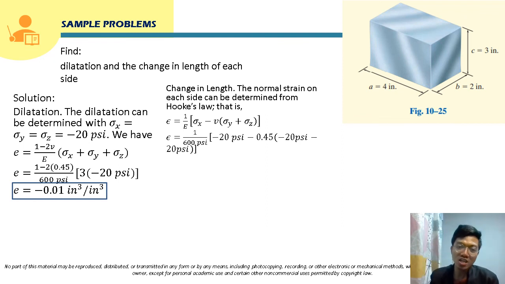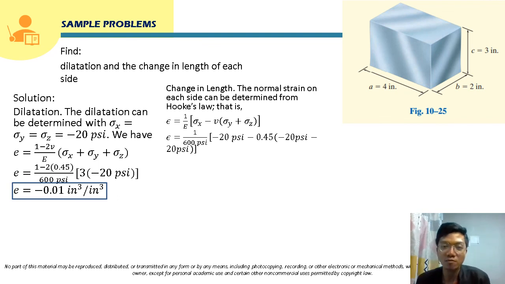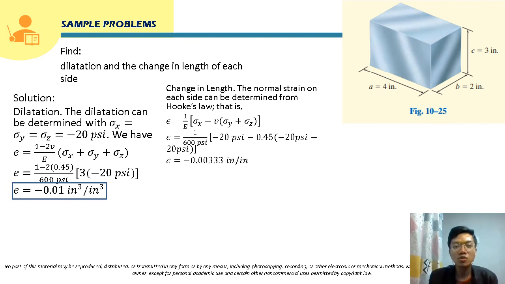Substituting the values, 1 over 600 psi times negative 20 psi minus 0.45 times negative 20 minus 20. So the answer for the epsilon, or the strain, is negative 0.00333 inches per inch. So this will now be the strain in all directions.